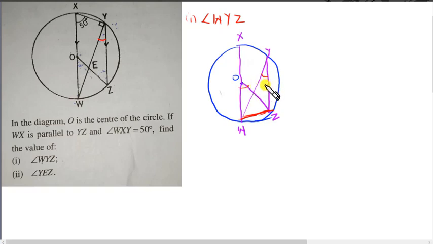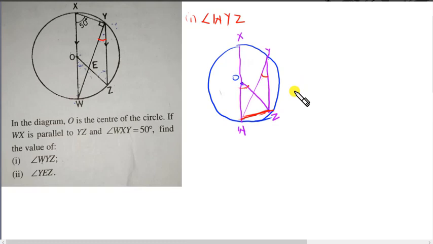Now, one of the theorems of circles says that if you want to find the angle here, and you know the angle at the center, then you take half of the angle at the center. That is the angle subtended by a chord. If a chord subtends an angle at the center, and that same chord subtends an angle on the circumference in the same segment, then the angle at the center is 2 times the one on the circumference.